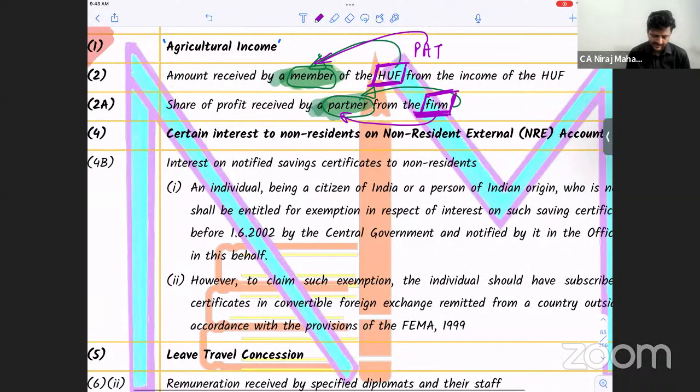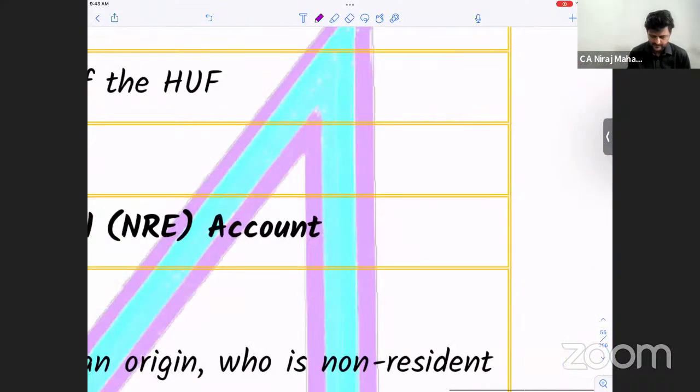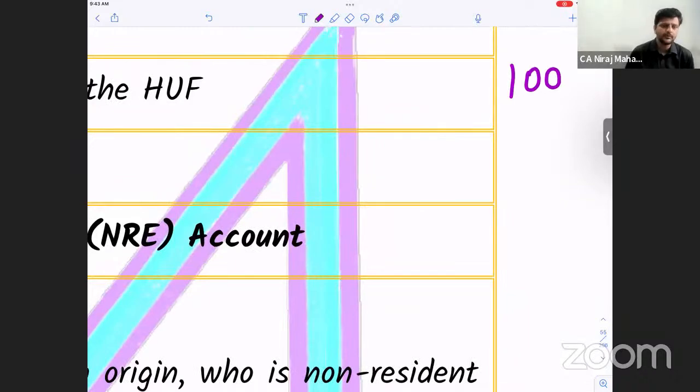So profit after tax share is given to the member or the partner, sorry. Let us say, just imagine, I'm giving you an example. My taxable income is 100. My taxable means either HUF or firm. This is just a time pass example, so don't take it very seriously. This is only for understanding. HUF or firm has earned 100 rupees taxable income. I'm not saying even gross income, I'm talking of taxable income.